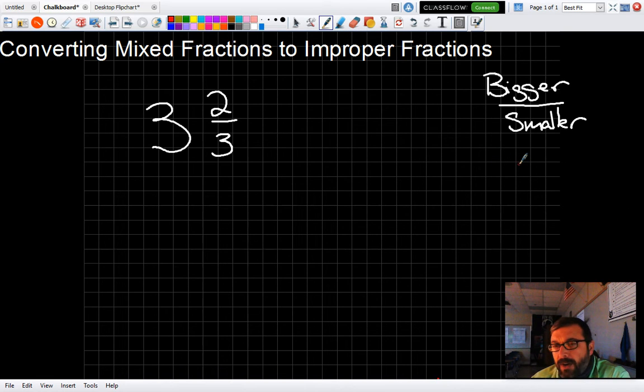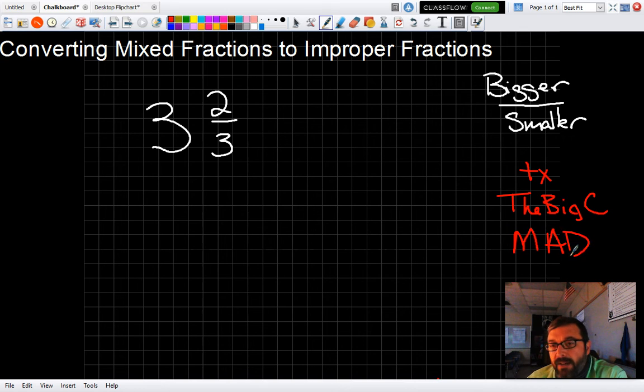I have heard this referred to as the Texas method. I have heard it referred to as the big C, which is also called the horseshoe sometimes. But my personal favorite, and the one I stick to, is MAD, just because I don't like fractions personally, just a vendetta I have.